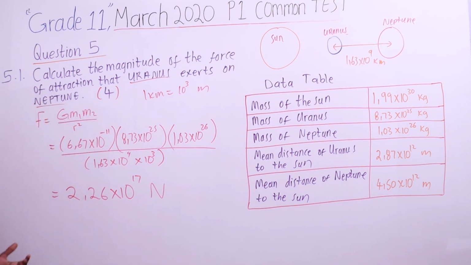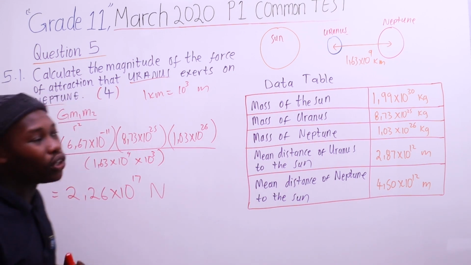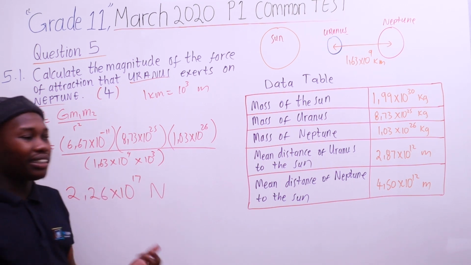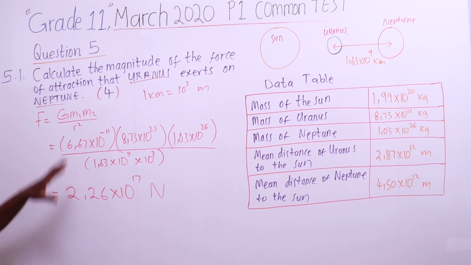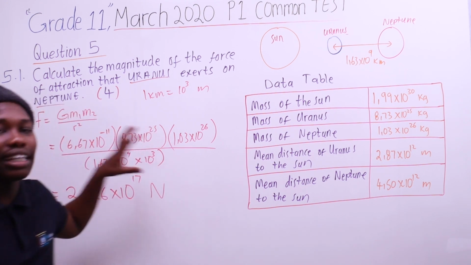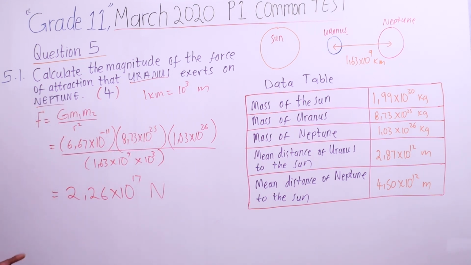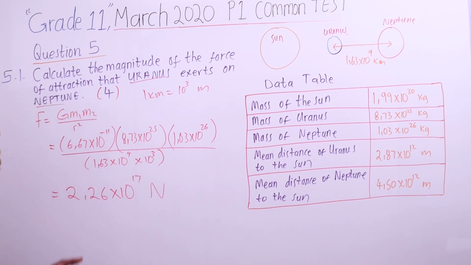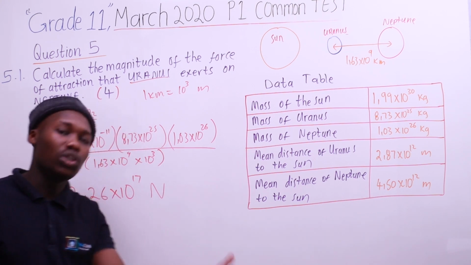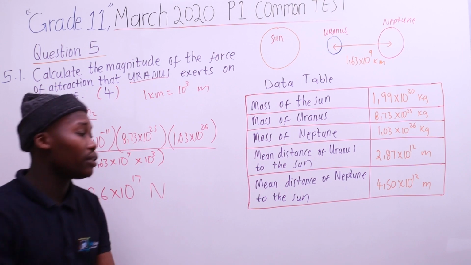So every time they ask you to calculate a force and you are given the masses and distance, there is nothing difficult there. You substitute into Isaac Newton's equation, use your calculator the right way, and then when you are done you get 2,26 times 10 to the power 17 newtons. Next question.